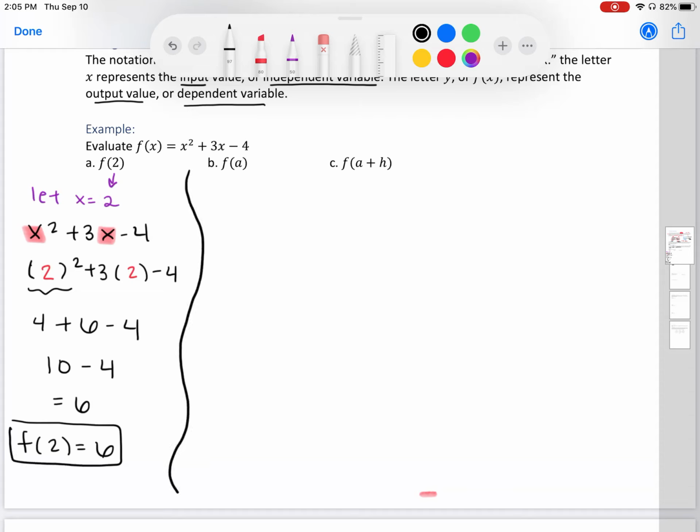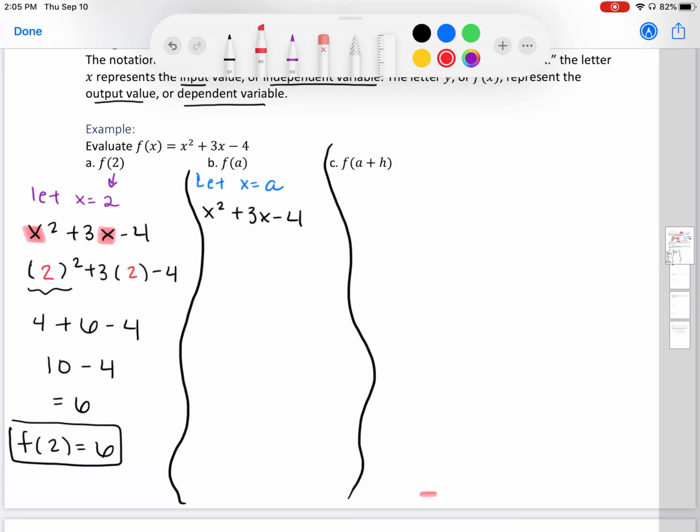Okay, let's take a look at B. B is saying for every x, plug in an a. So let's go ahead and write our equation. We have x squared plus 3x minus 4. I do that so I can highlight and show you that every time we see an x, we're going to replace it with a. That's what it's asking us to do.